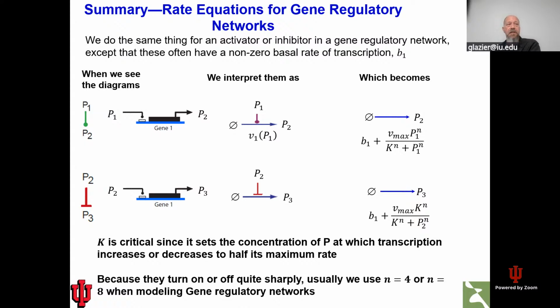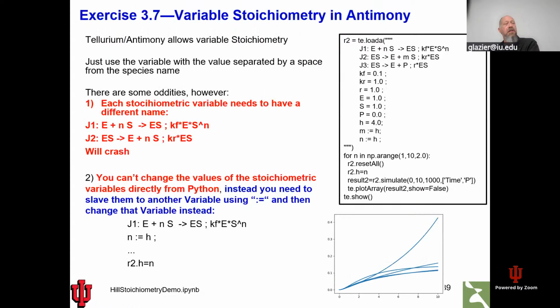If I have a small basal rate, then that accident of having exactly 0 of the protein or the promoter doesn't matter anymore. And so it basically makes the system a little more tolerant to have the basal rate not be quite 0. I'll just show you this last slide because there was a question about it.